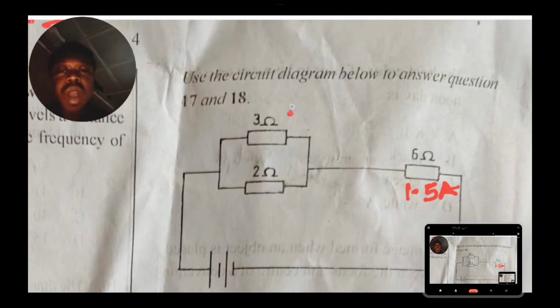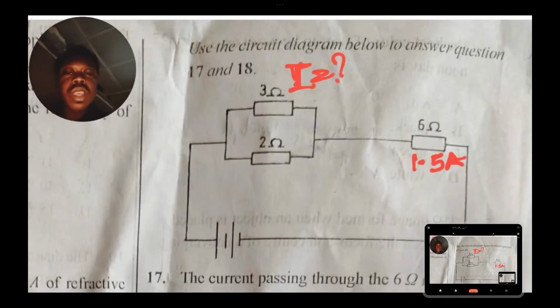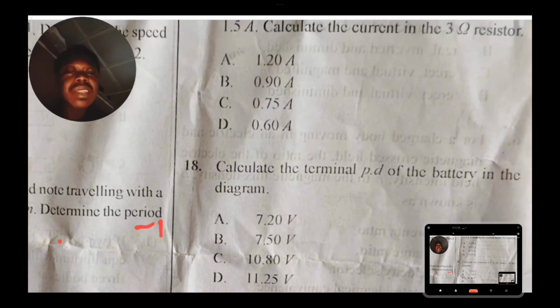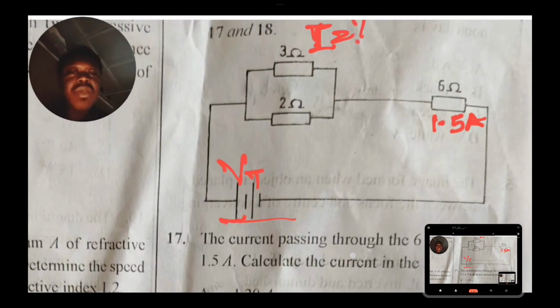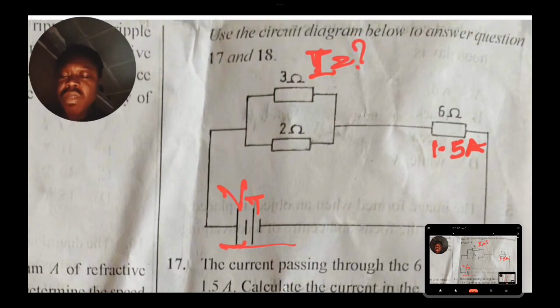For this, we're also going to find our I. Then in question 18, they are asking us for the terminal PD of the battery in the diagram, the total potential difference supplied through this battery. If there are 2 cells, it becomes a battery. So we have 3 questions in one, which we are going to solve here.